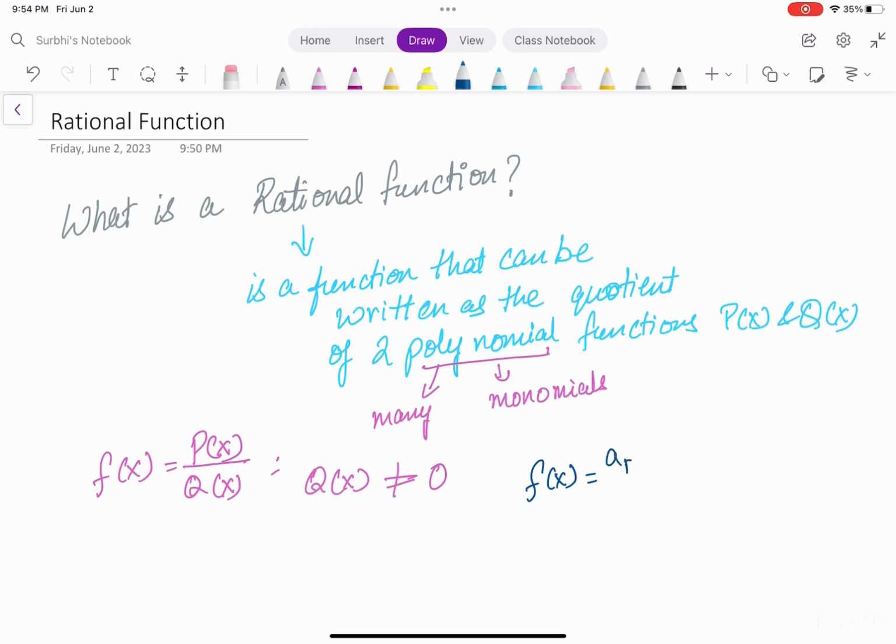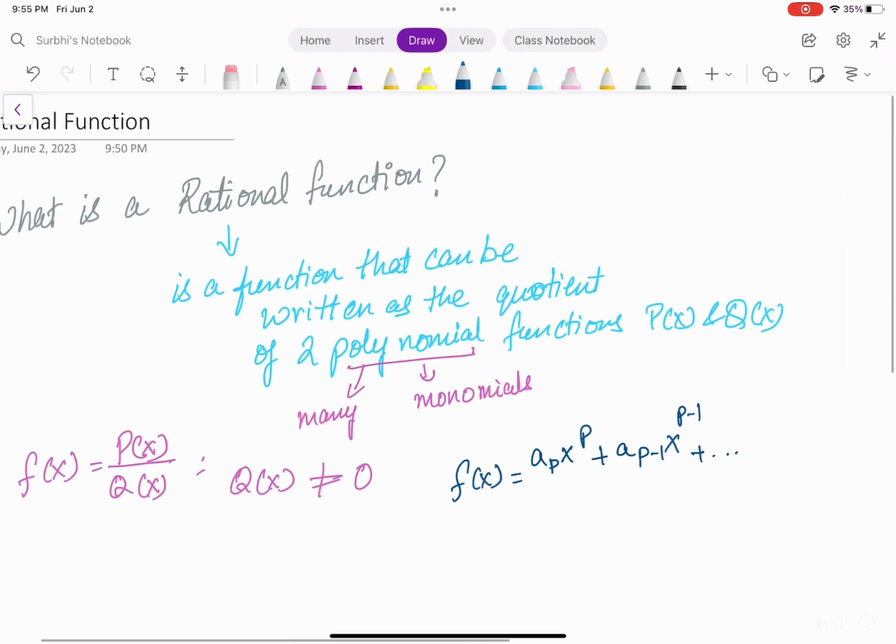I can also write the function in a more mathematical way, numerator separately and denominator separately, as a function of p, which is the numerator, and as a function of q, which will form the denominator.